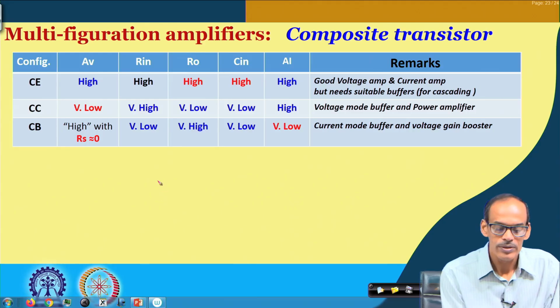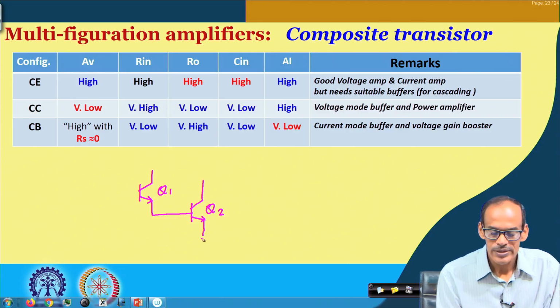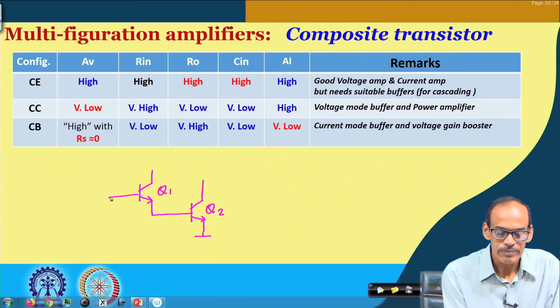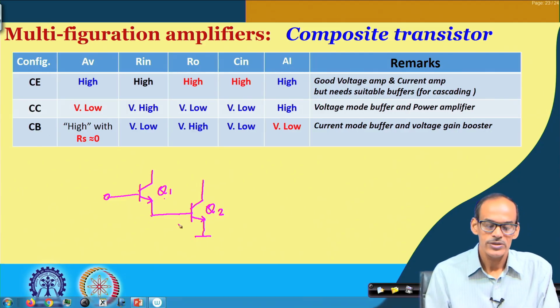Suppose we have one transistor, say Q1, and then another transistor, say Q2. Whether it is CE-CC or CC-CC, this kind of configuration we are seeing, and the emitter of Q1 is directly, internally connected to transistor 2.